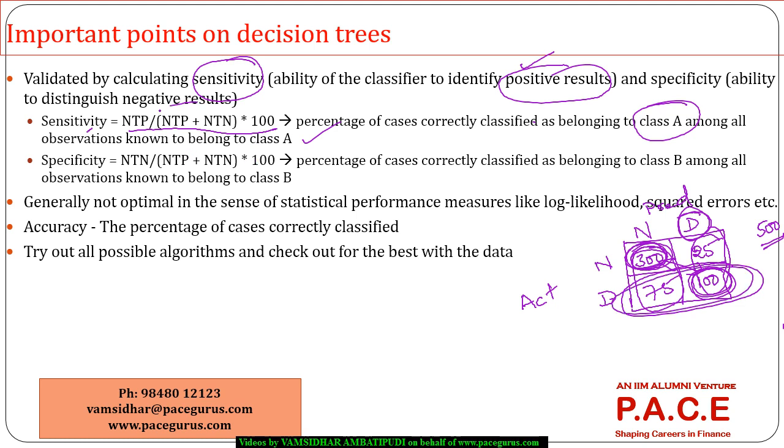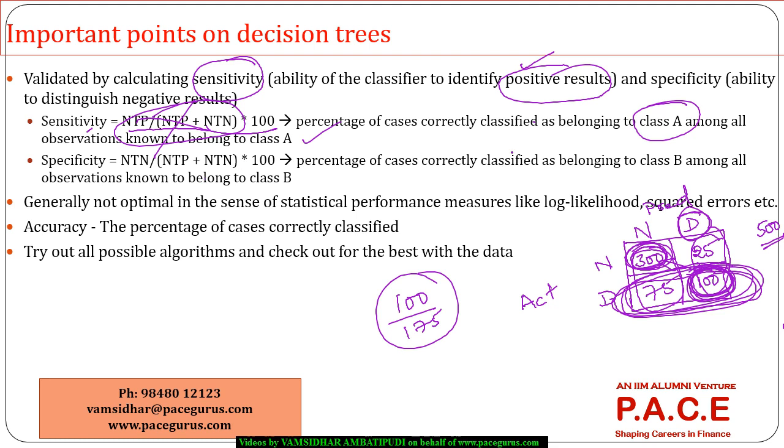I think there is some problem with the formula here. So actually there are 175 belonging to the default category, but my system is able to identify only 100 of them. So the sensitivity comes out as 100 divided by 175.